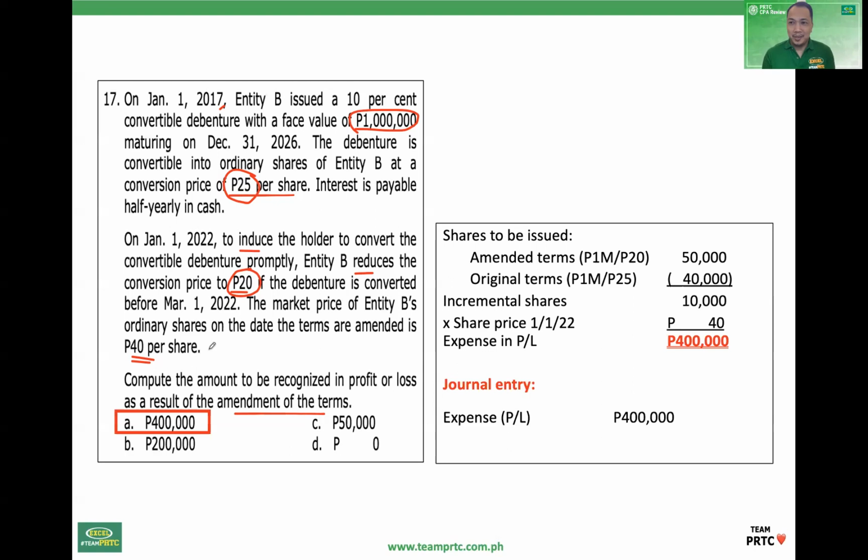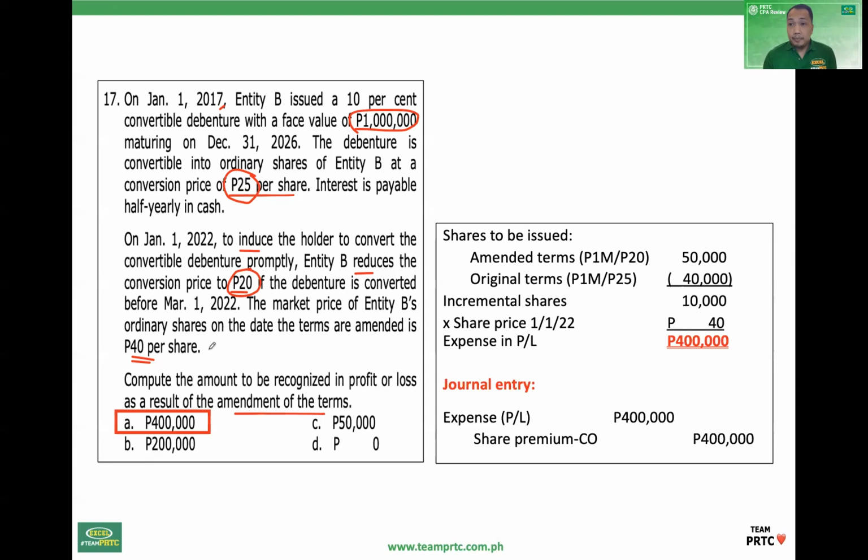Bond conversion inducement expense. Credit, share premium. Okay, additional share premium conversion option. So effectively nag-increase yung value ng option to convert. Okay? So again, yung expense recognized in P&L.